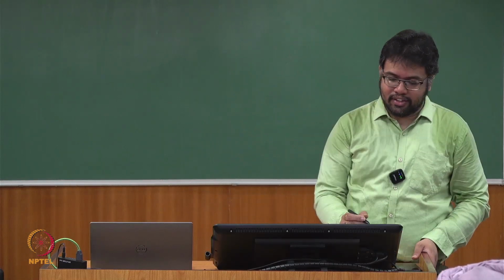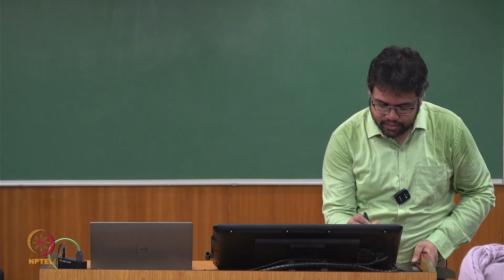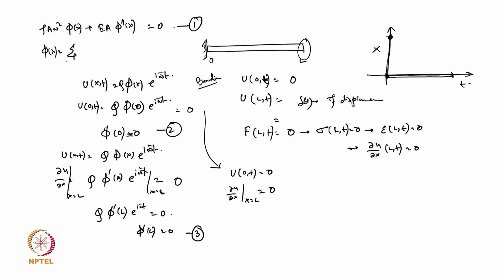So can I say that the solution of phi x is something like the summation of j equal to 1 to 2 of a j into e to the power of lambda j x, or if I simply write, a1 e to the power of lambda 1 x plus a2 e to the power of lambda 2 x.